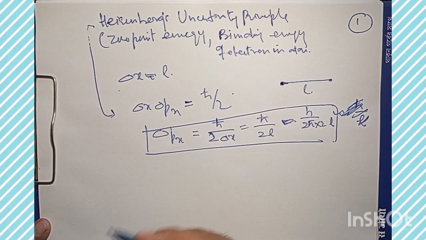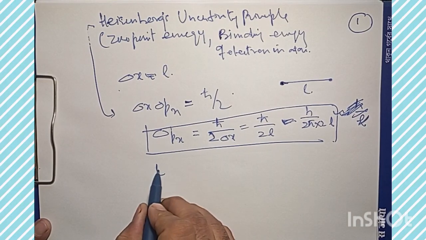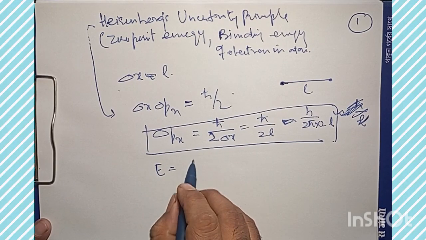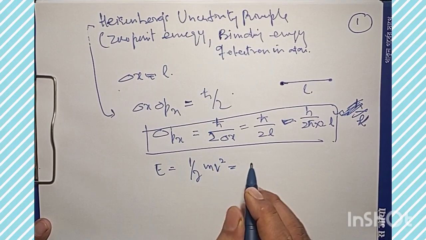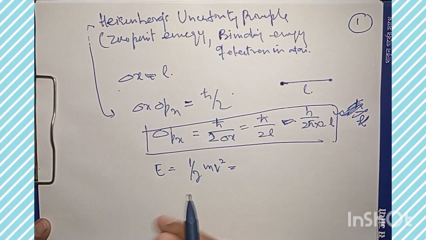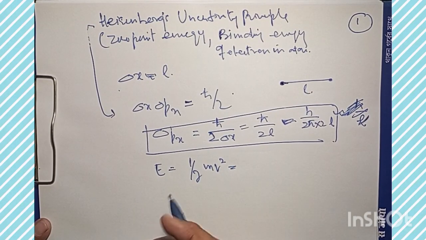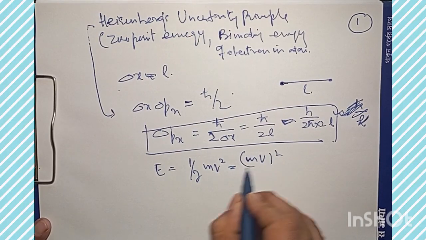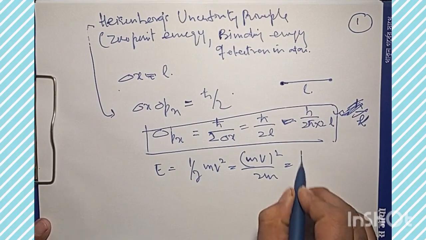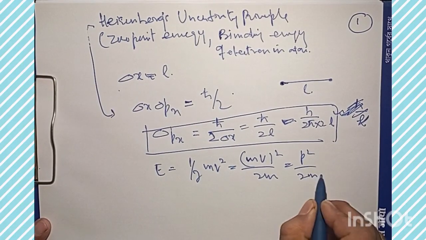Now, this particle is in this one-dimensional box, so its total energy is going to be the kinetic energy, that's 1/2 mv squared, because there is no interaction of the particle. There's no involvement of potential energy. So this can be written as p squared by 2m.